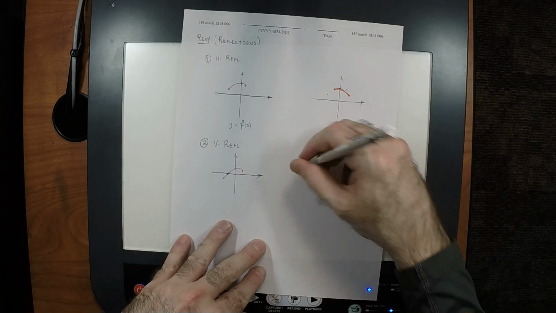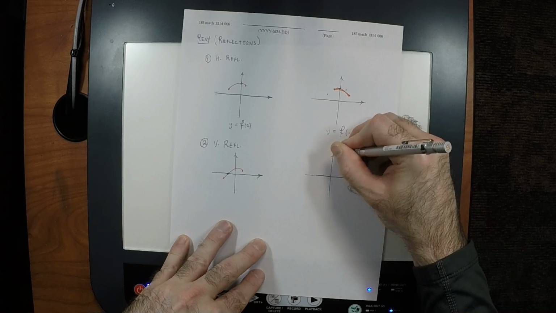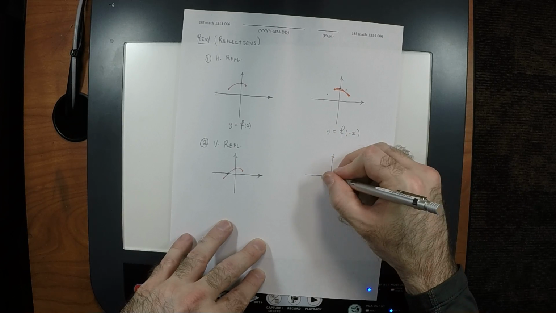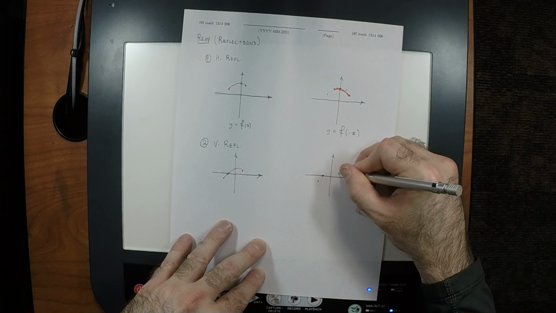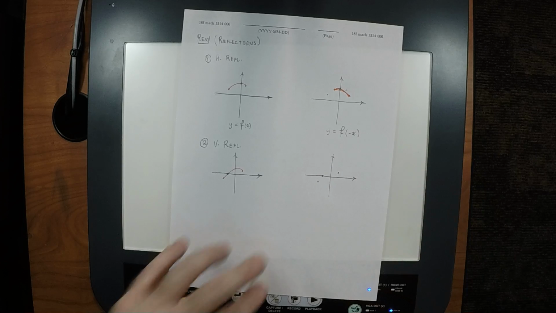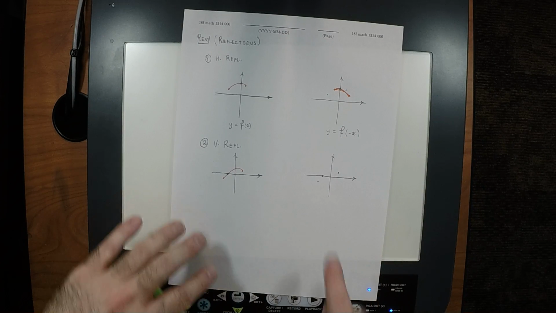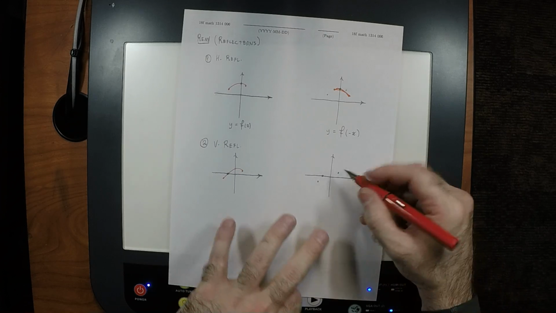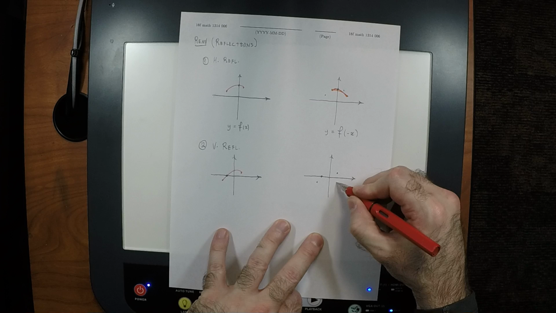Okay, so if we do a vertical reflection, then originally these points were here, here, and here. And now, if these points were looking in the mirror, but the mirror was the horizontal axis now, then this one would see its reflection right there.